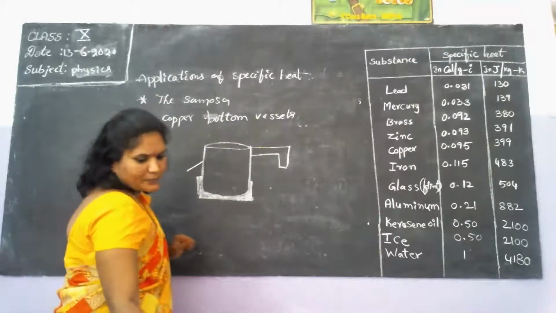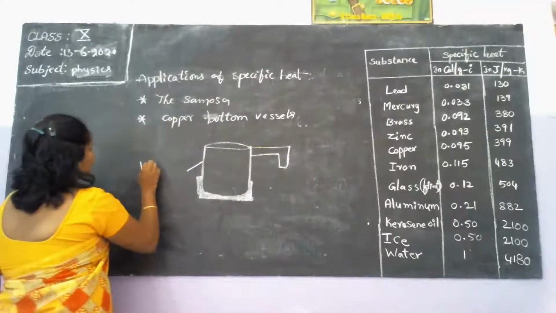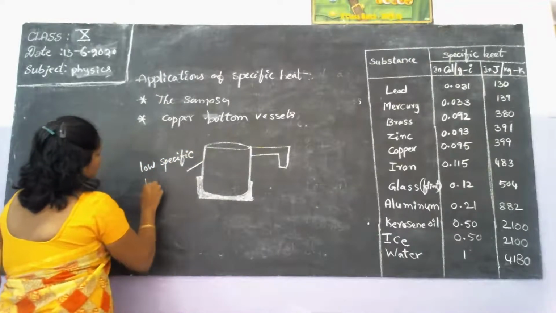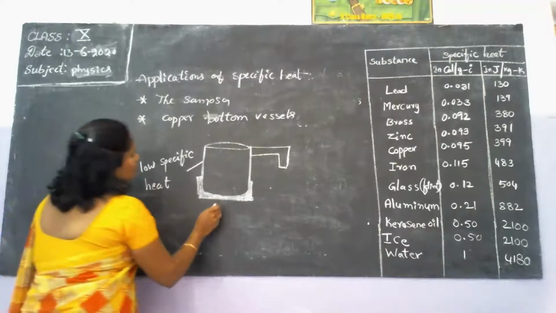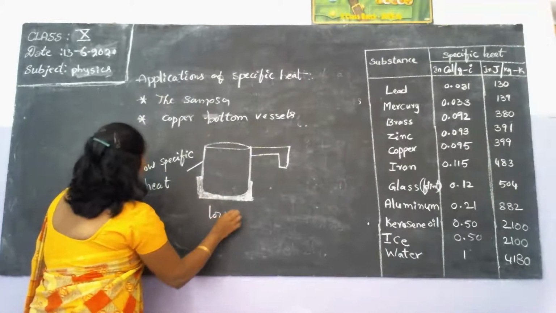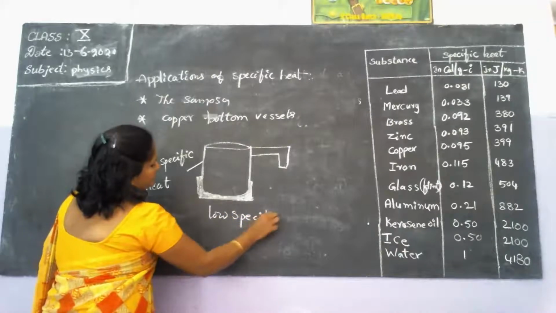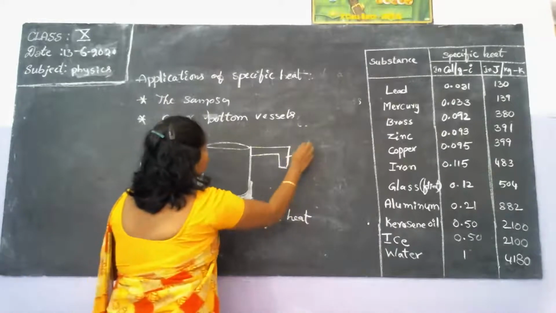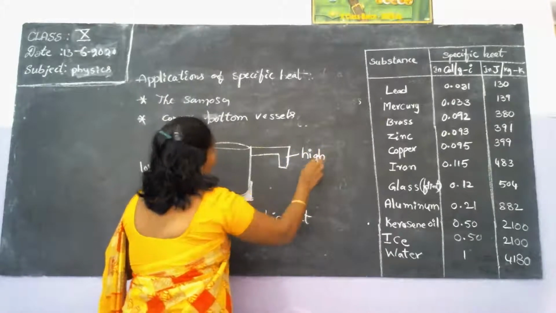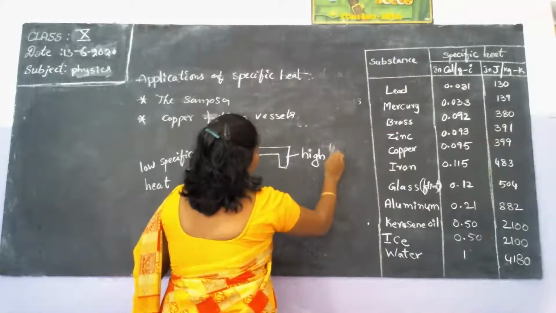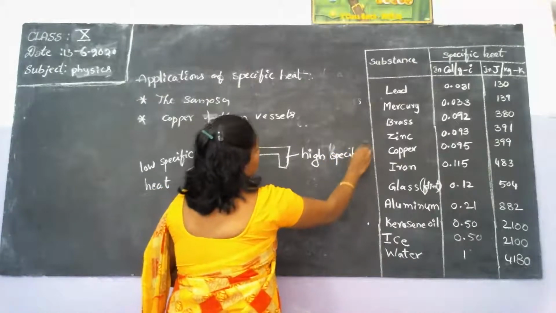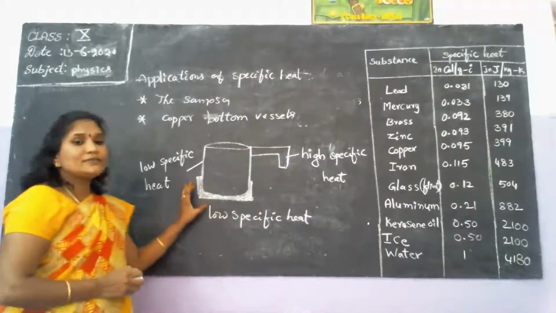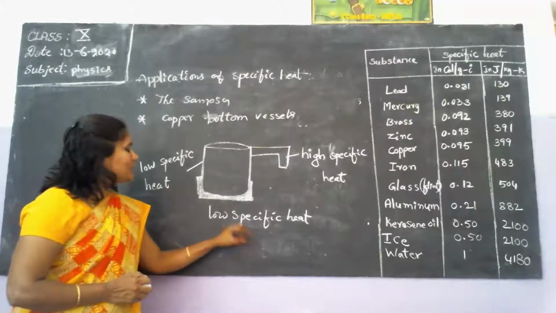This is the low specific heat side, the bottom also low specific heat. The handle will be high specific heat. So this vessel body is low specific heat to touch.